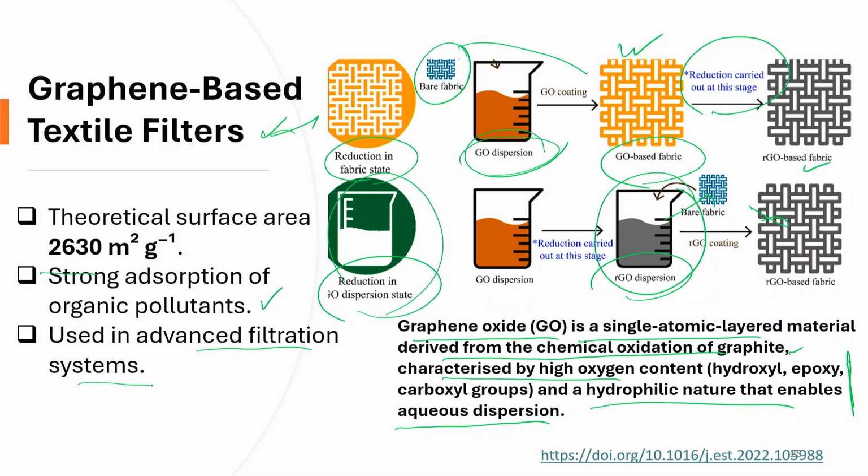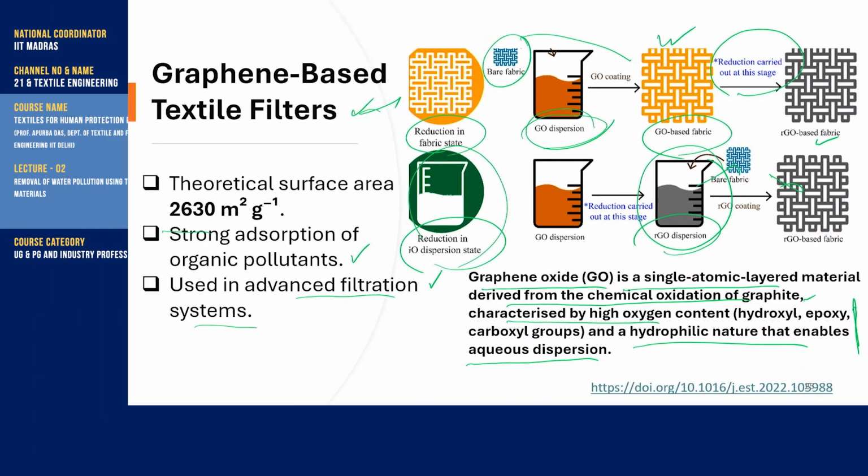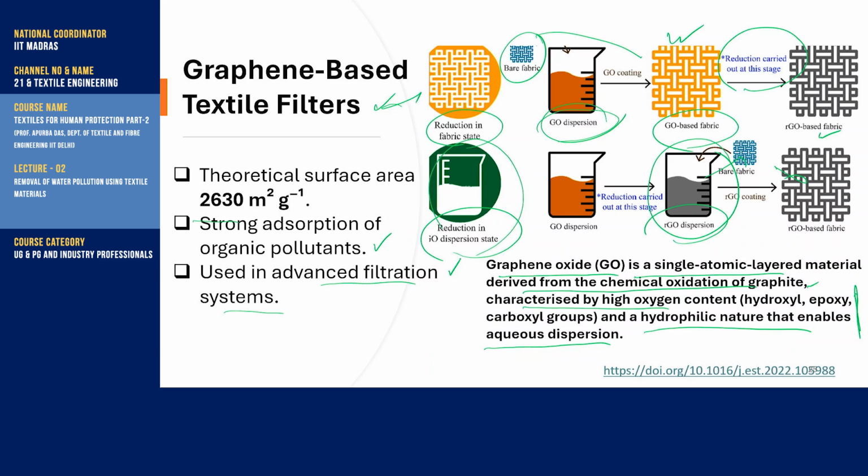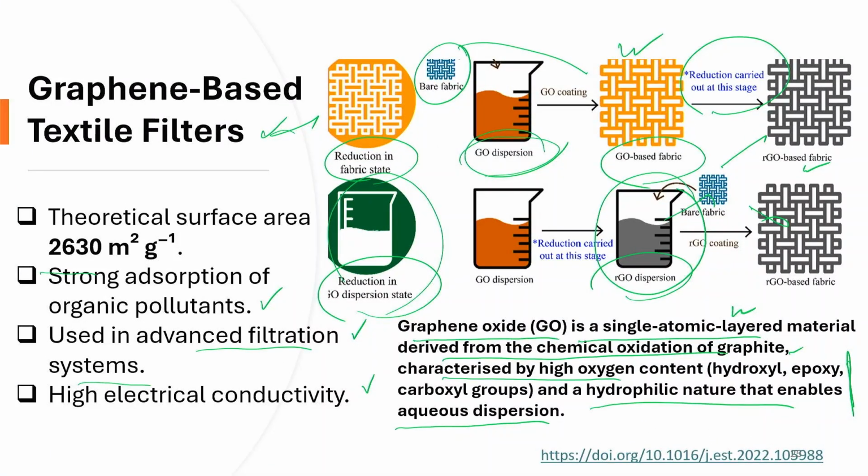If we want to remove the organic pollutant, in an advanced textile filter we use this type of graphene-treated textile filter. Due to the presence of graphite, this is also highly electrically conductive, so we can use it in this type of application.